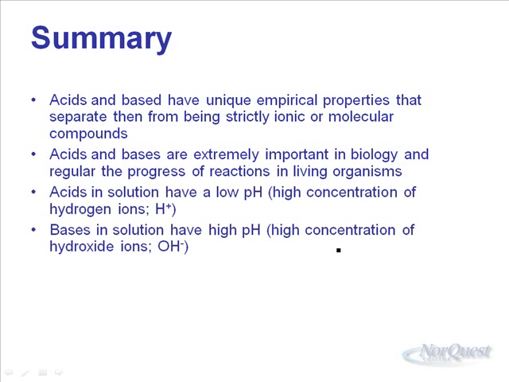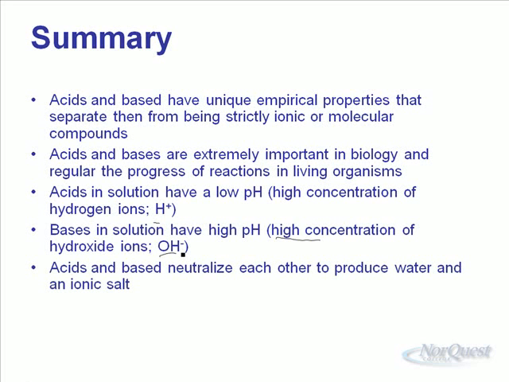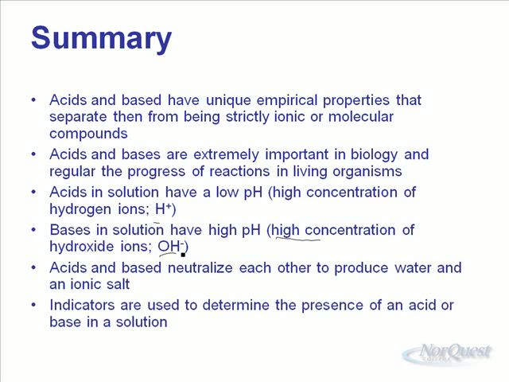Bases in solution have high pH. So pH is a measure of hydrogen ion concentration. The other way you can word it is if the pH is high, you have a high concentration of hydroxide. Acids and bases neutralize each other to produce water molecules and an ionic salt. And indicators are used to determine the presence of an acid or a base in a solution.